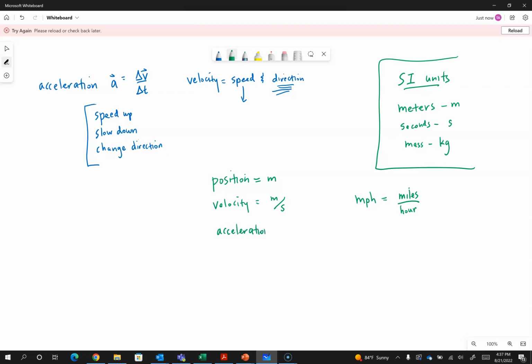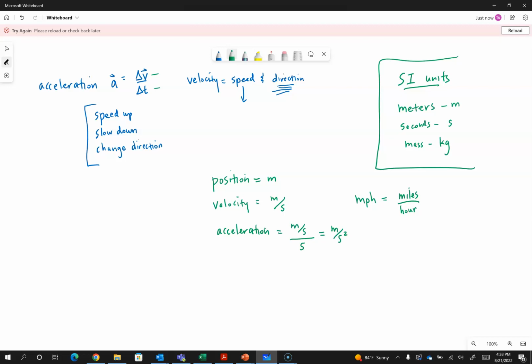Acceleration, our units, because it's a change in velocity over a change in time, acceleration has units of meters per second for the velocity, the delta V, over seconds for the delta T. So we will see that in meters per second squared.